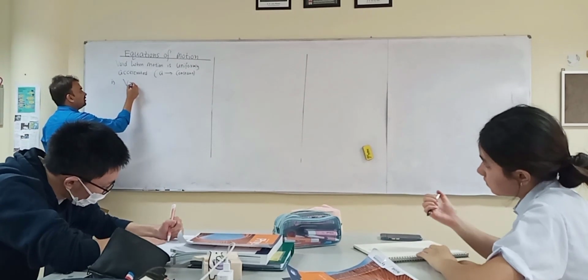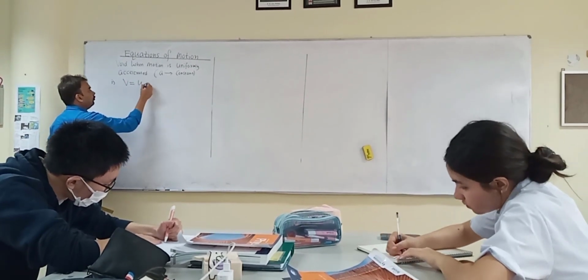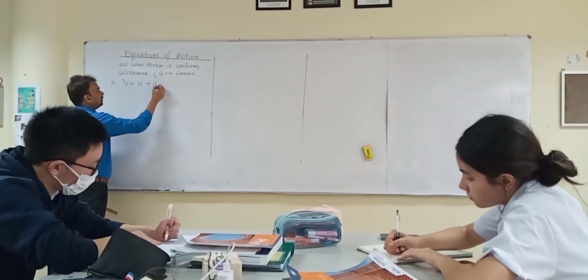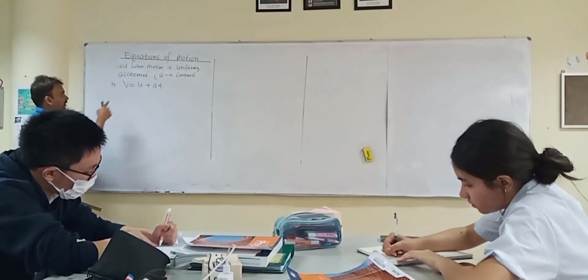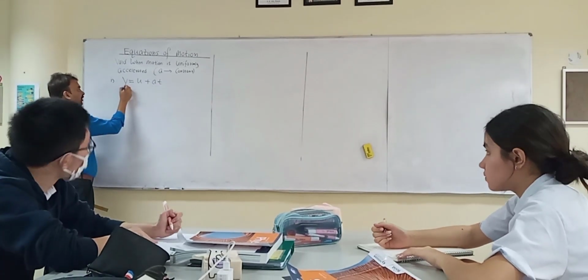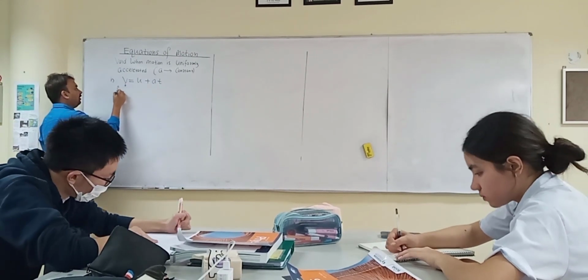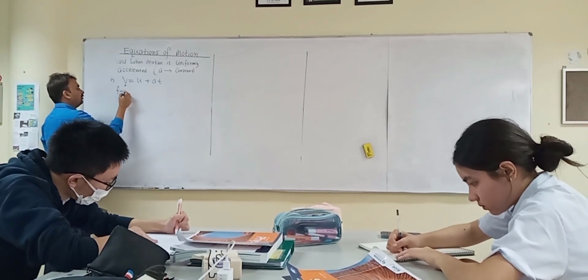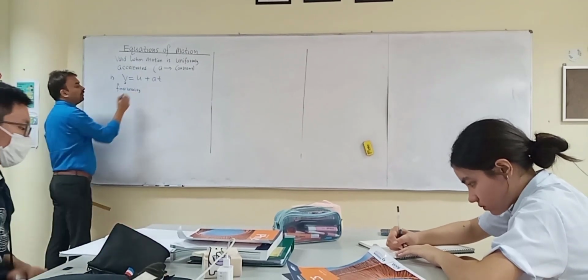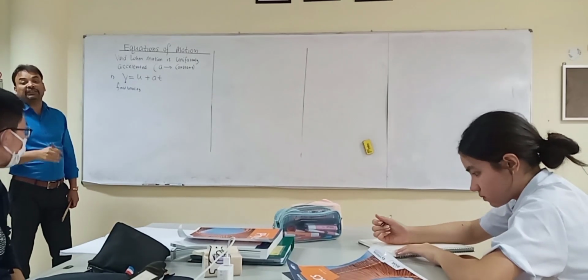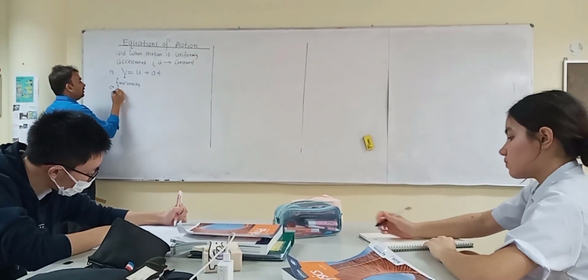V is equal to U plus A into T, where V is the final velocity of the object. You can say final velocity, or you can say final speed.